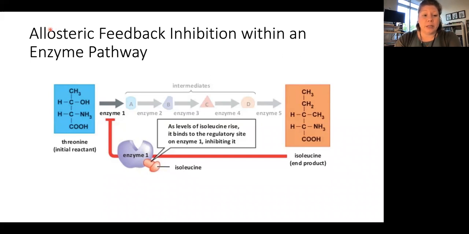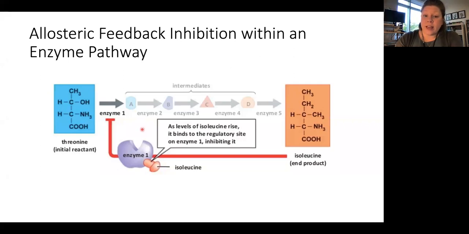Allosteric literally means other, like shape, other place. So we've got isoleucine, in this case an allosteric inhibitor, binding somewhere else on the enzyme and changing the enzyme's ability to bind threonine. Okay, so enzyme 1 is inhibited by the binding of isoleucine.